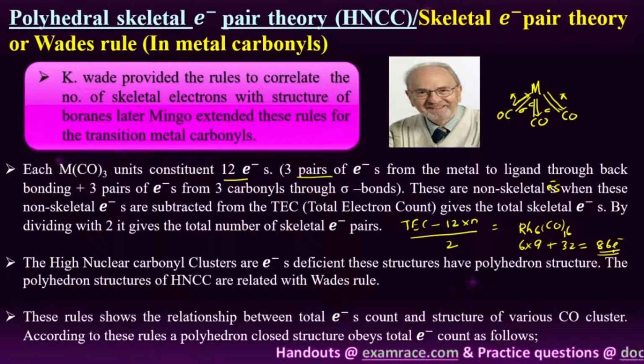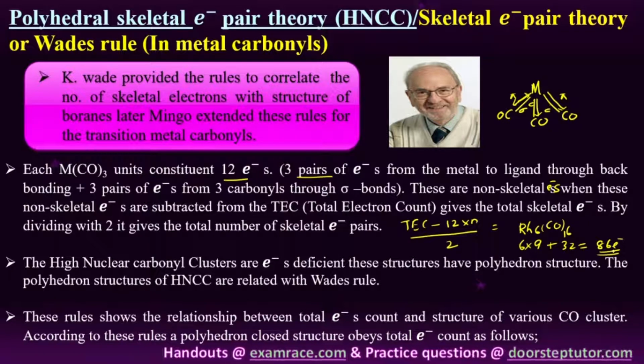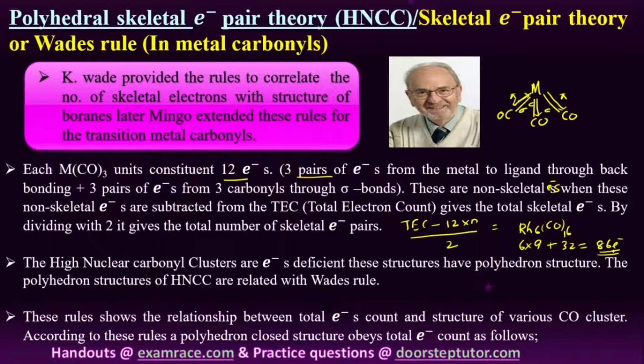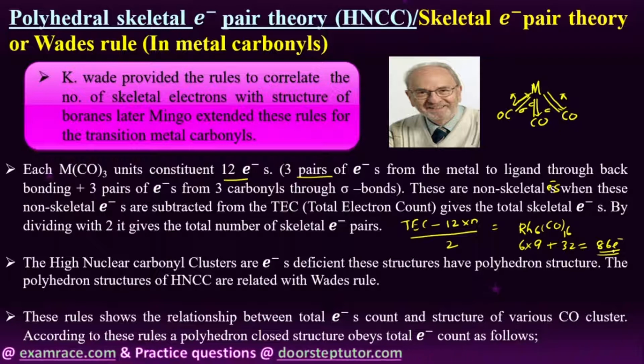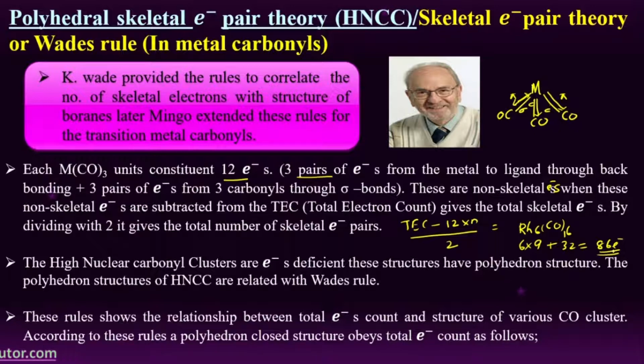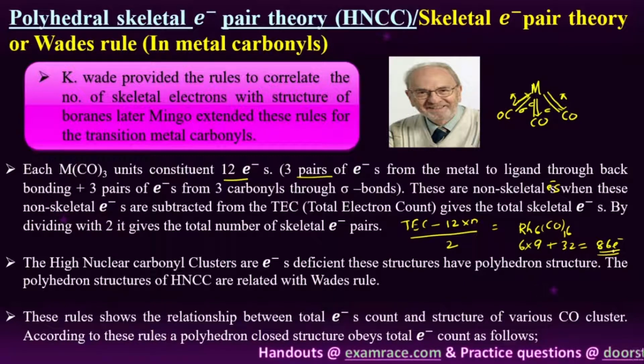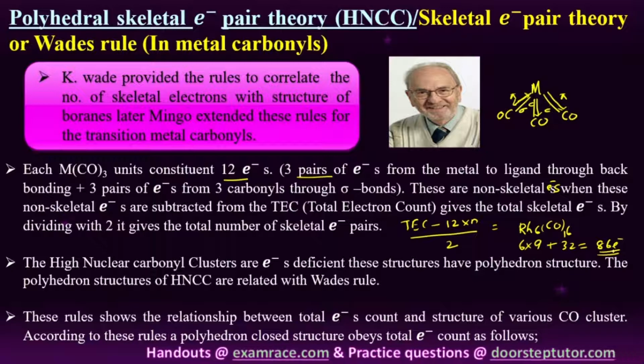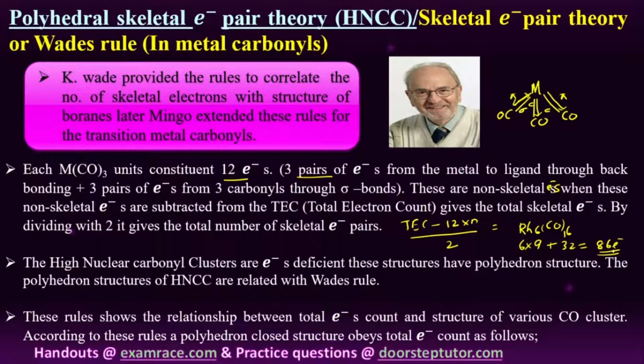High nuclear carbonyl clusters are electron deficient. These structures have polyhedron structures, which are related to Wade's rule. This rule shows the relationship between the total electron count and the structure of various carbonyl clusters.